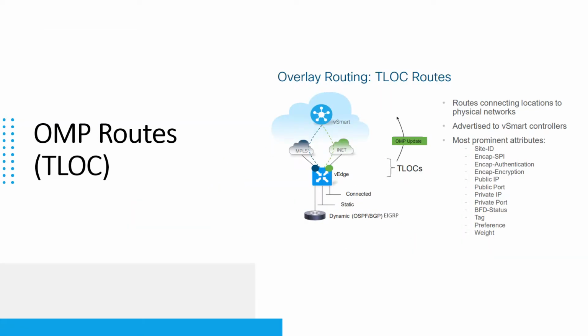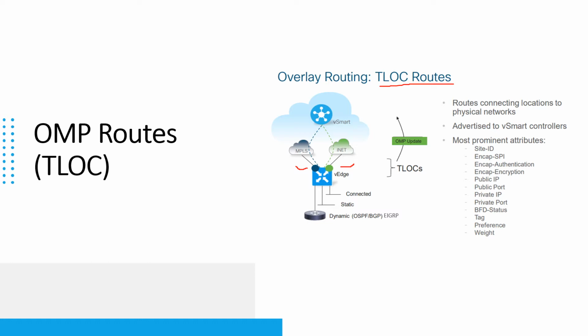The first thing that gets exchanged over the OMP peer is going to be your TLOC routes. So TLOC routes, it means, let's assume you have multiple vEdges and you are going to have those physical attachments where you have connectivity to your service provider.